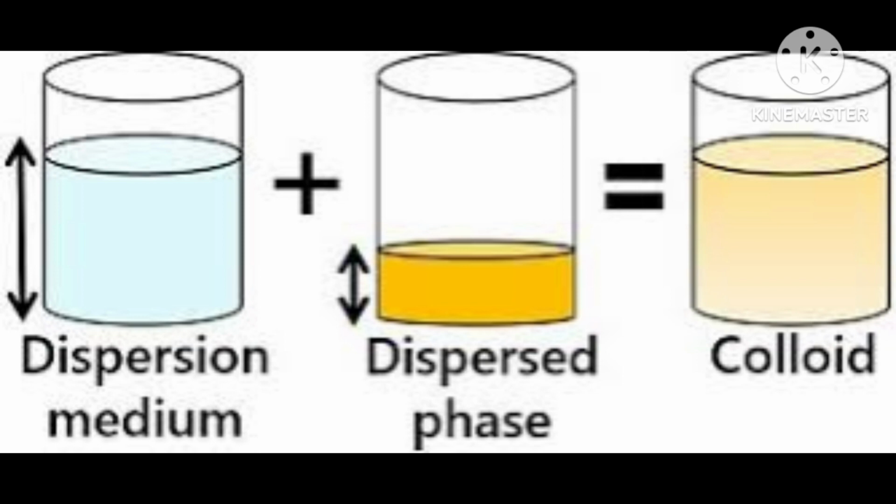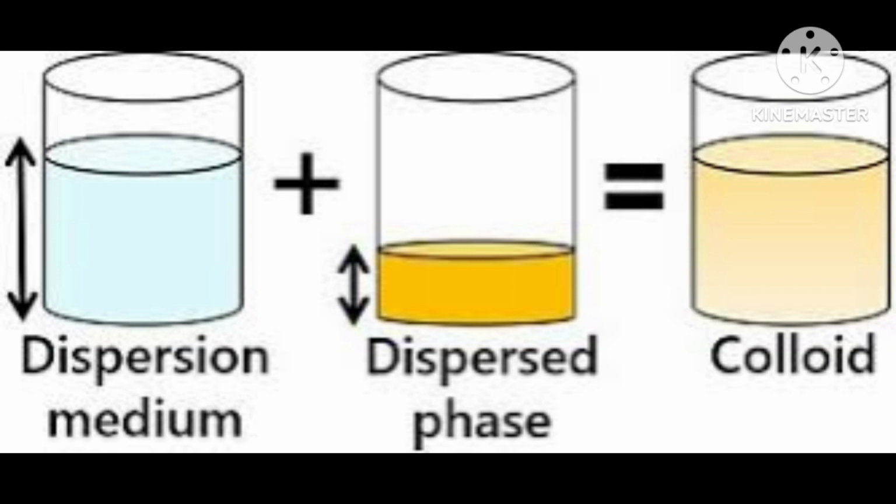A homogeneous solution is called a solution, completely mixed. But if it is a suspension, it is like a solution, but it is suspended. That's why another term, sol, is used.